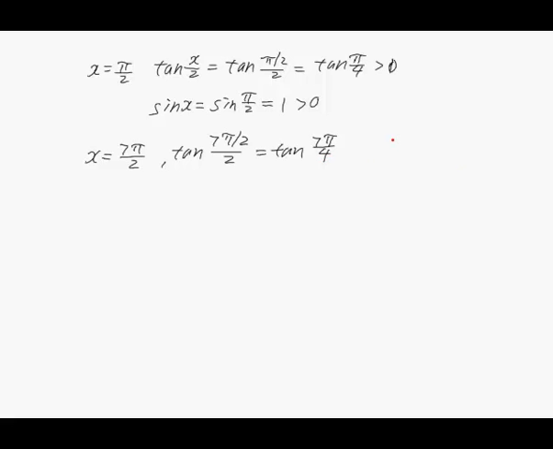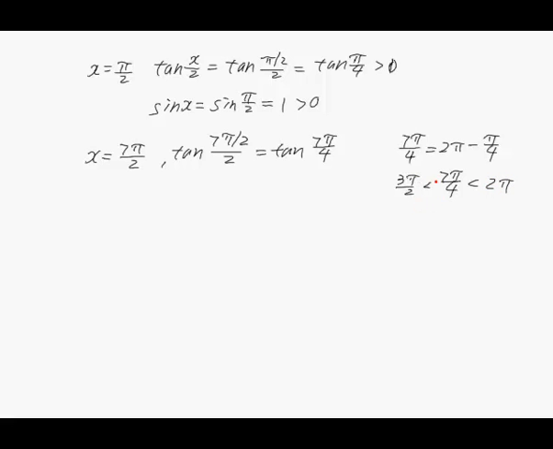So actually, you may write 7 pi over 4 as 2 pi minus pi over 4. If you compare 7 pi over 4 with 3 pi over 2, definitely 7 pi over 4 is bigger than 3 pi over 2, right? But this is less than 2 pi. So it's in quadrant 4.